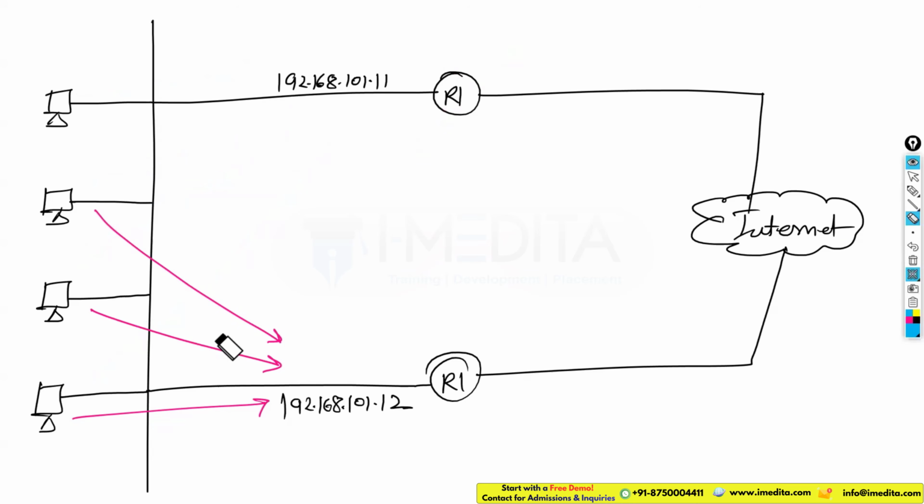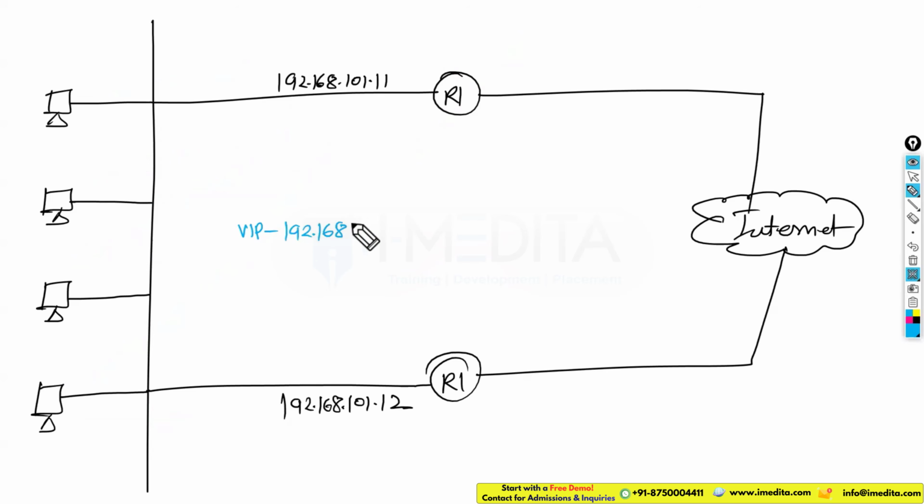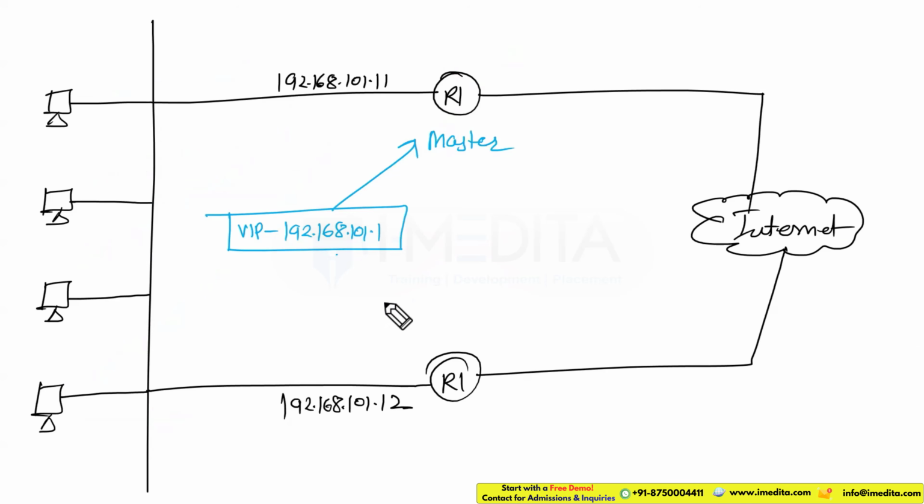Instead of a physical IP, we will use a virtual IP. So we will define a virtual IP like 192.168.101.1. For this virtual IP, one router will be master and another will be backup.